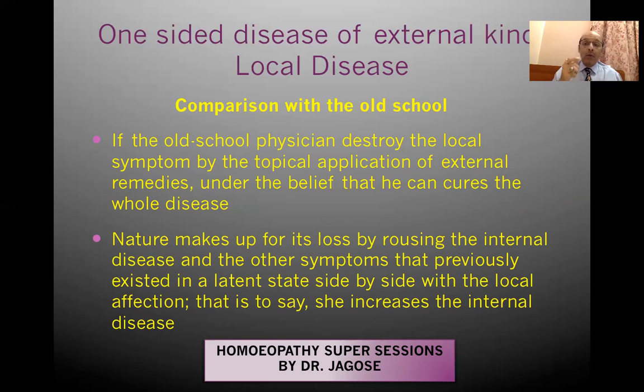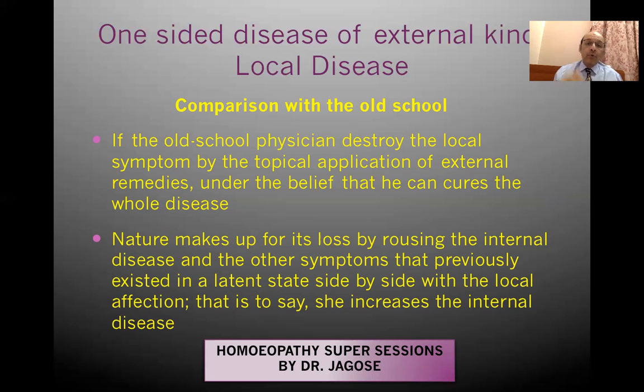So what will happen when you destroy the disease by a local application on the surface? The internal cause still remains as it is in the form of miasms, which the old school refused to believe. They only believed in the materialistic cause of the disease and not in the dynamic cause of the disease.